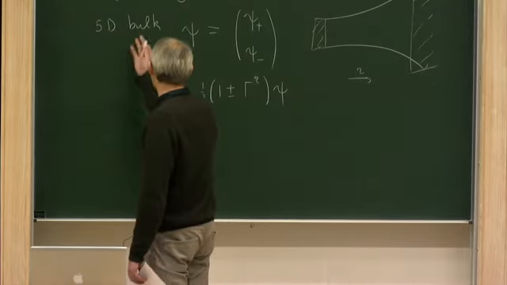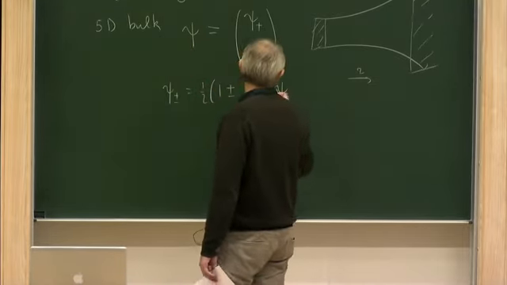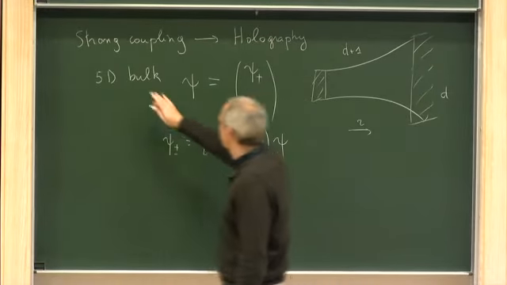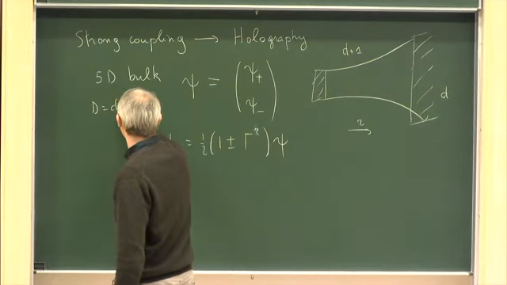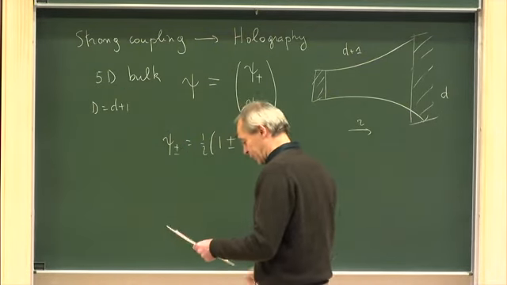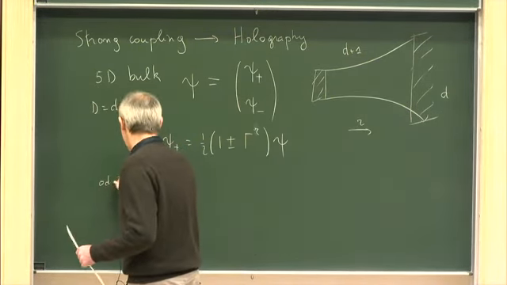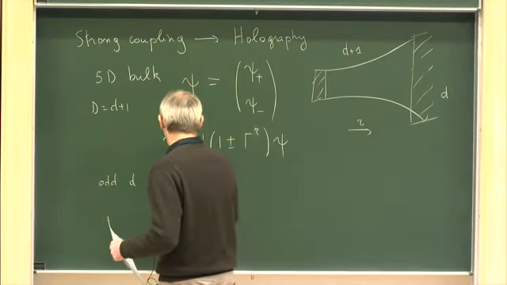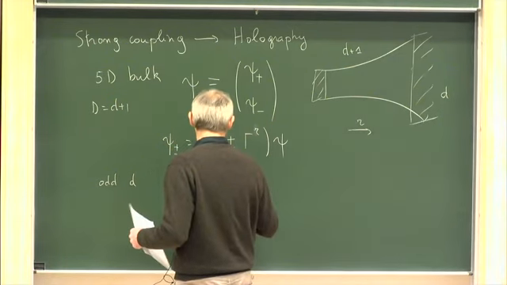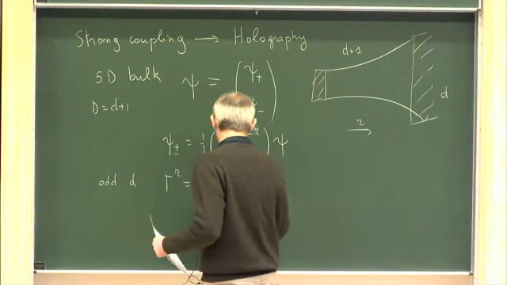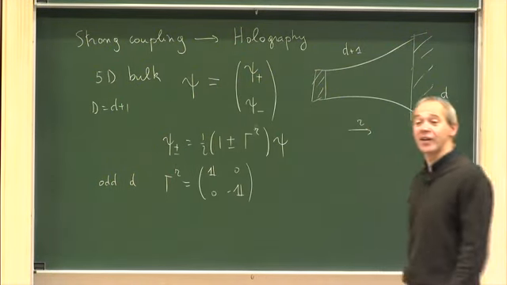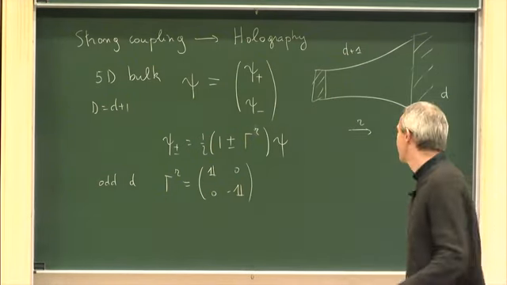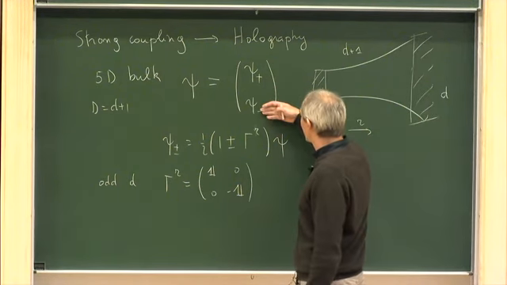So if we call this d+1 and this d, then for odd d, so odd boundaries, gamma r can be chosen to be diag(1, -1). This is basically the chirality operator now in the bulk, and these are the chiral components.